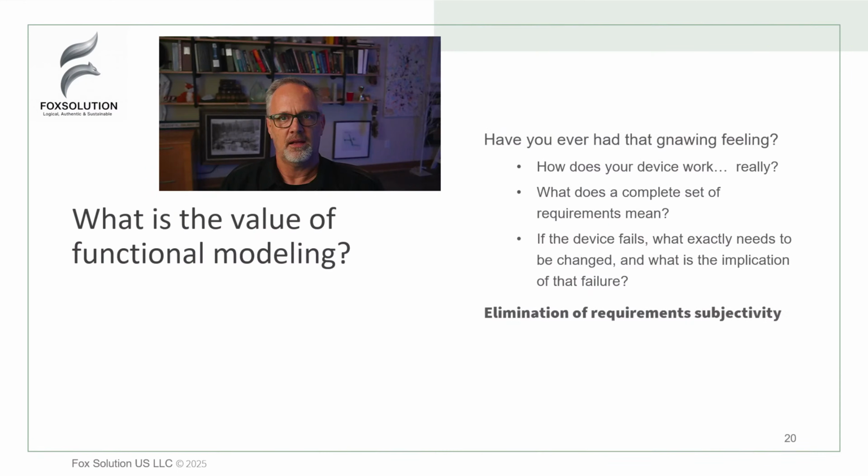If we don't really understand how the functions and the different components of the system interrelate with all of the different activities going on with the device, when we make a change to a function or an outflow, we might miss the fact that it serves more than one functional chain, which serves more than one user need, which might mitigate more than one risk. So we really need to understand this better so that as we analyze these different requirements and the problems we've identified in the field, we understand the implication and can make a change that doesn't break the system. And this elimination of requirement subjectivity, I think, is really important.